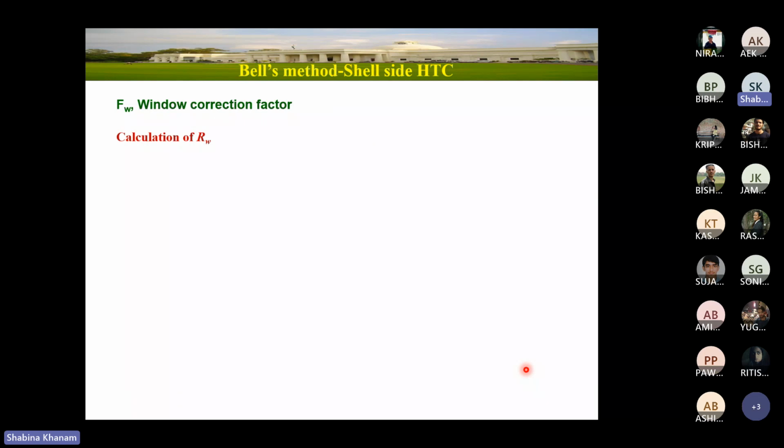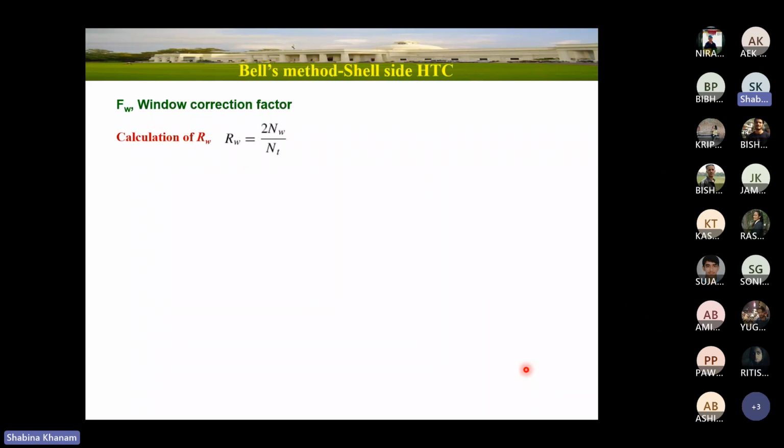So we need to calculate Rw first of all to find out Fw. Rw will be 2Nw by Nt. 2Nw, because when we consider these correction factors, we are considering them zone wise.